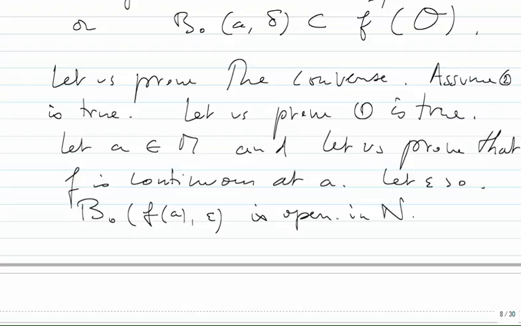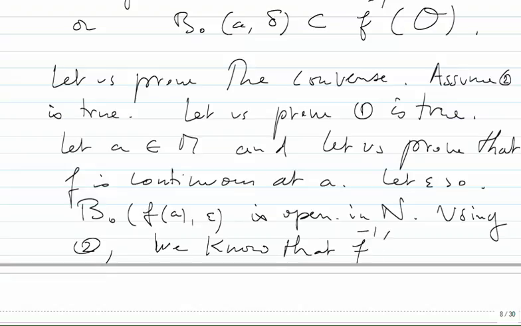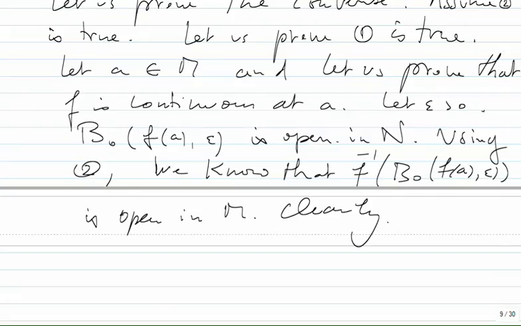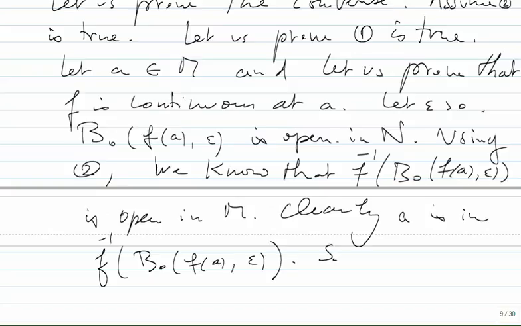Now we use property number 2. We know that f inverse of this ball is open in M. Clearly, a is in f inverse of the ball.